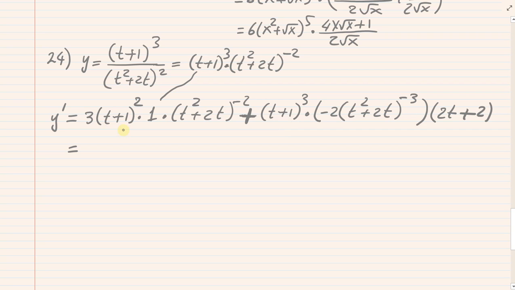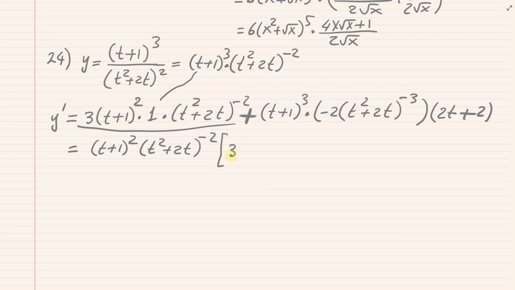So when I do that, my factored form therefore becomes (t plus 1) squared, that's the GCF, and then (t squared plus 2t) to negative 2 factored out. What's left? Well, from all of this, all that remains is a 3, isn't it? And then from the other side, what do I have?